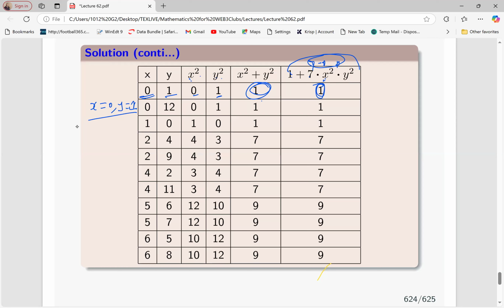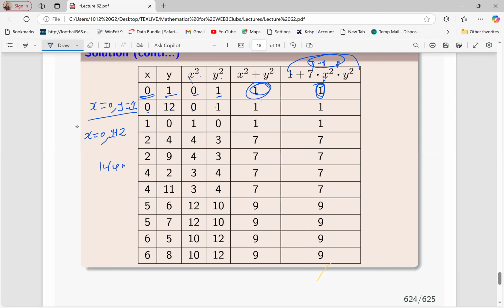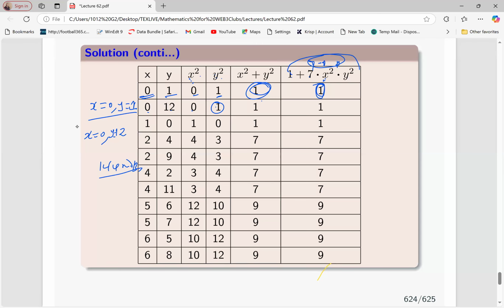That's the first condition. The second condition, I said, x can also be 0 and y be 12. Let's see. If x is 0 and y is 12, x square will be 0 and y square will be 144. But we are doing this mod 13. When you do this mod 13, you get 1. So x square plus y square will be 0 plus 1, which is 1. Let's come to the right-hand side and see.